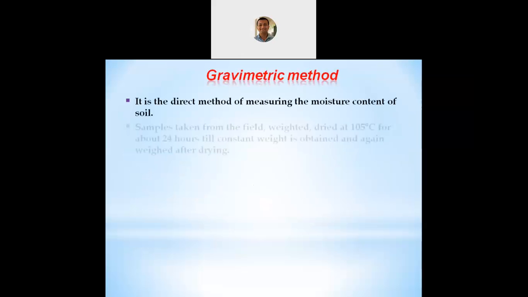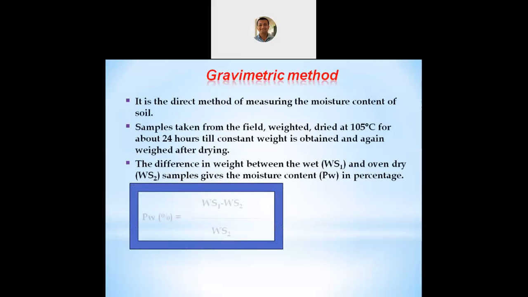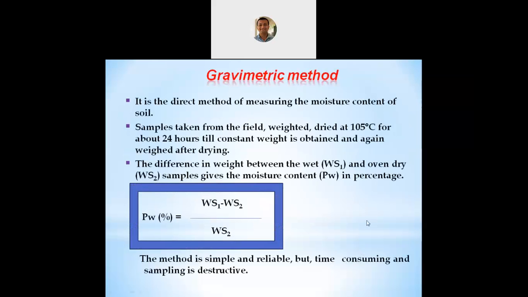So the basic method of estimating soil moisture content is the gravimetric method. I hope we are very much familiar with this. Here we take a fresh soil sample from the field, we weigh it, then we oven dry the soil until it attains a constant weight.